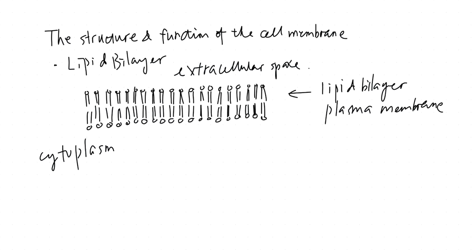Cytoplasm is what is inside the cell, and extracellular space is what is outside the cell. This lipid bilayer forms a two-dimensional fluid, allowing lateral movement of the lipids and the membrane proteins to diffuse a little bit. So this is the lipid bilayer.